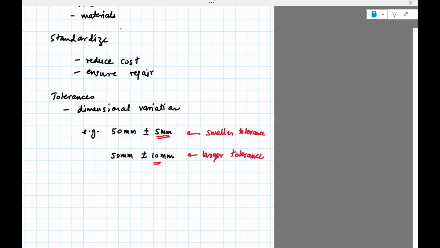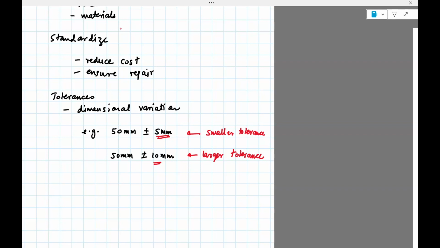Okay, what it means is that if you have a part which varies by, say, 10 mm, then you might have a problem when you actually put that part together in a component, because it may actually lead to, for example, a clearance, and so you will not be able to put the part successfully in whatever bigger product you're trying to make.